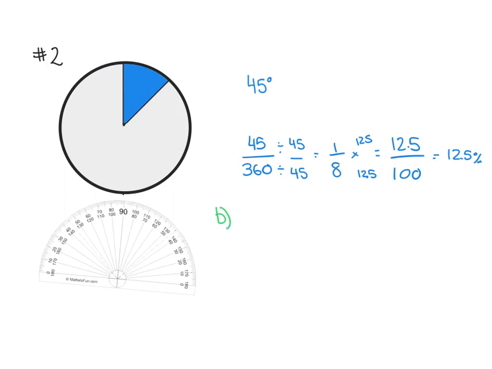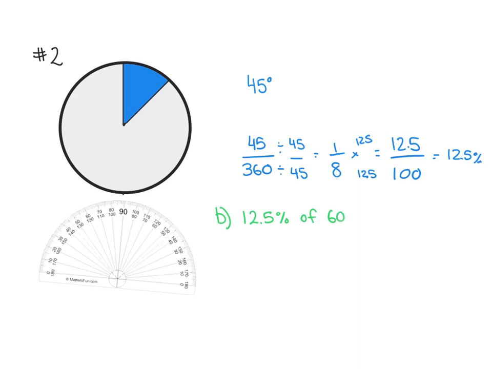So part B, I'm actually going to do in green just so you can see the difference. So this part was part A. Tells you that each company has 60 employees, and so they want to know how many employees in each company work part-time. So we need to figure out 12.5% of 60.